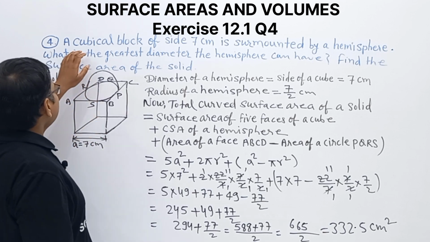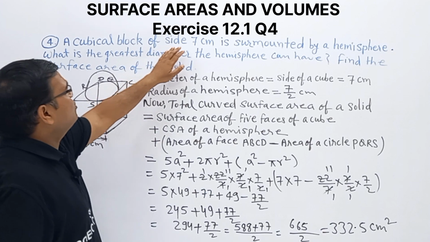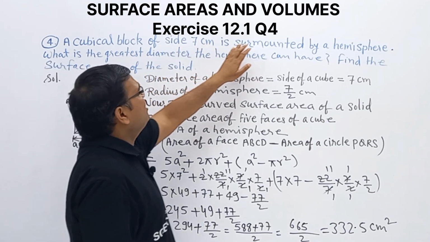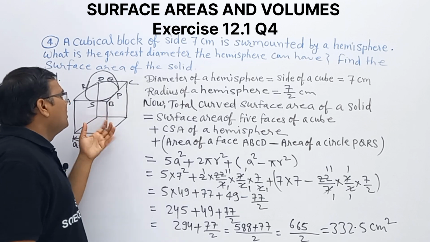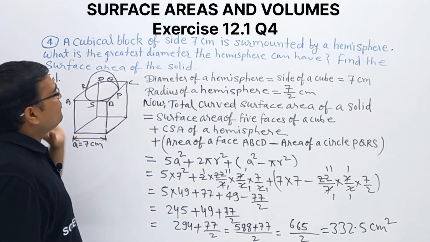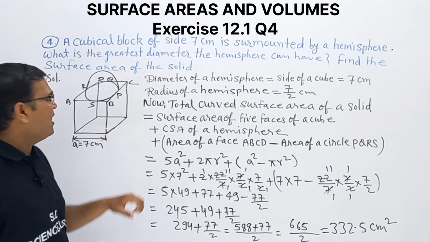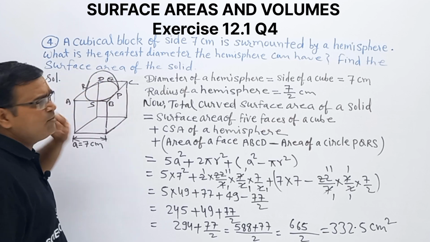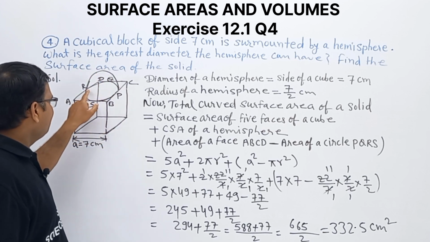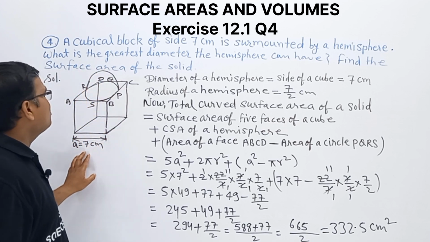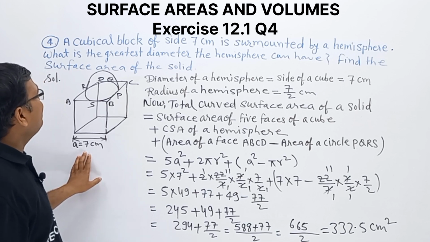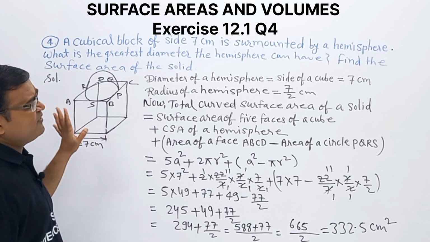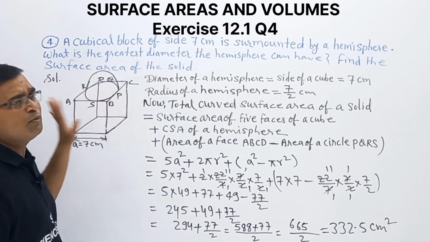Observe again. A cubical block of side 7 cm is surmounted by a hemisphere. We have one cube. Its top face is surmounted by a hemisphere, and its side is 7 cm, given in the question. We want to find the surface area of this solid.